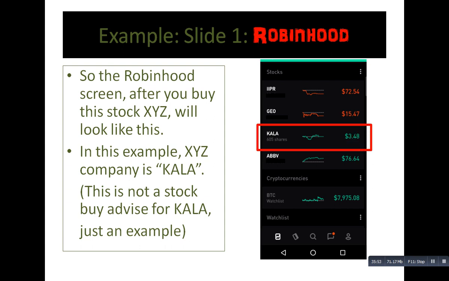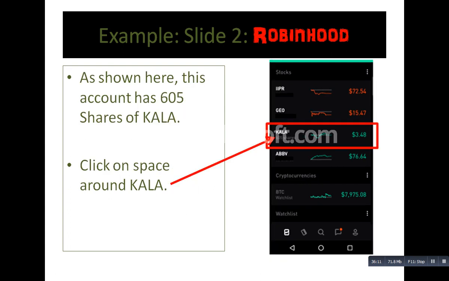So in our earlier example, which we spoke through using a diagram, the stock price was $9 a share. In my example, which is the Robinhood example, the stock price is $3.48 a share. Now let us go ahead. Now, in order to sell a call option or a covered call, what you need to do is basically click on this area where it shows you the share which you had, right?